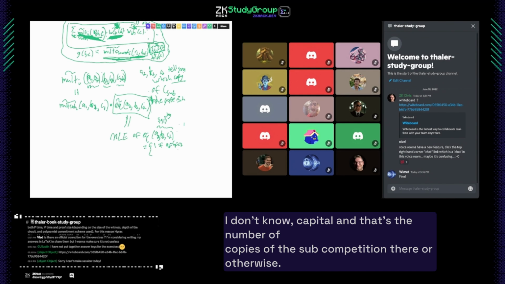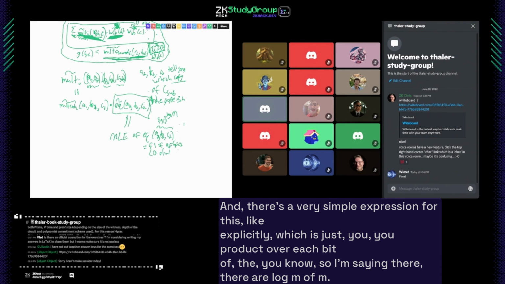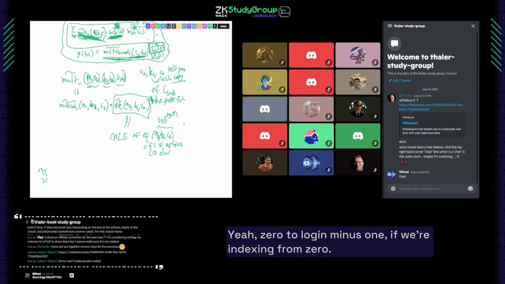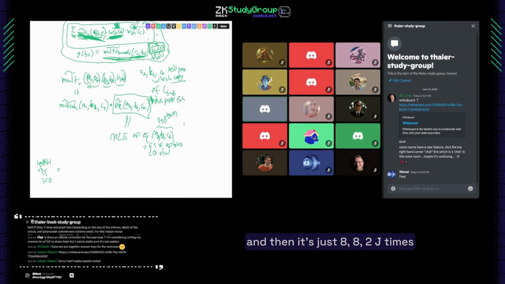Let me call that capital N, the number of copies of the subcomputation. And there's a very simple explicit expression for this: you take the product over each bit, there are log N of them, 0 to log N minus 1 if we're indexing from 0, of A2j times B2j times C2j plus (1 minus A2j) times (1 minus B2j) times (1 minus C2j).